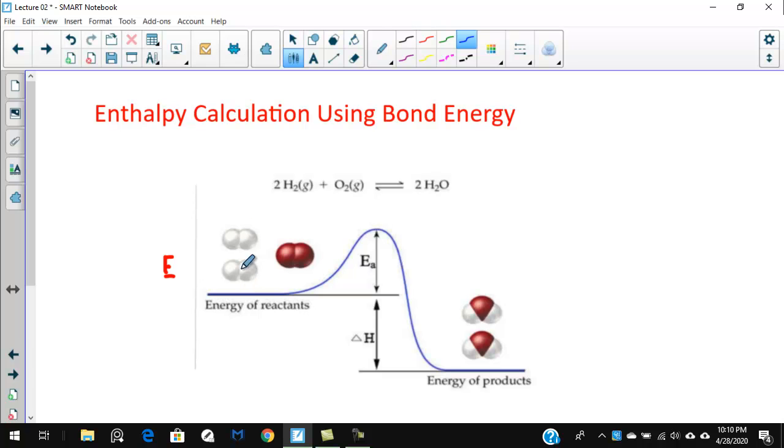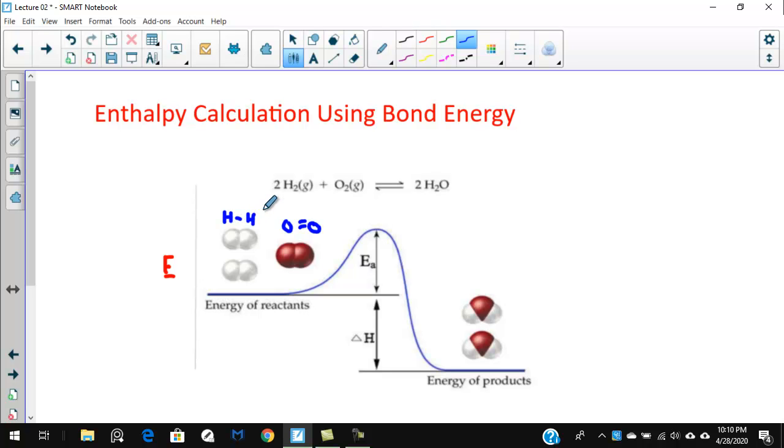There are two hydrogen molecules here, 2H2, and there's a sigma bond between the two H's, and there's a certain amount of energy stored in that bond. In the oxygen, there's one oxygen atom double bonded to another oxygen though. So there's a sigma bond and a pi bond inside that, where over here there was just a sigma bond holding the two H's together.